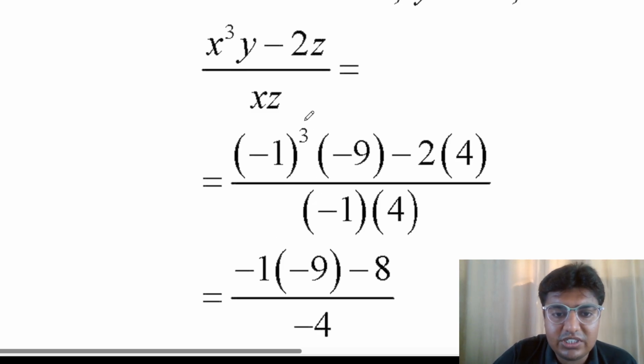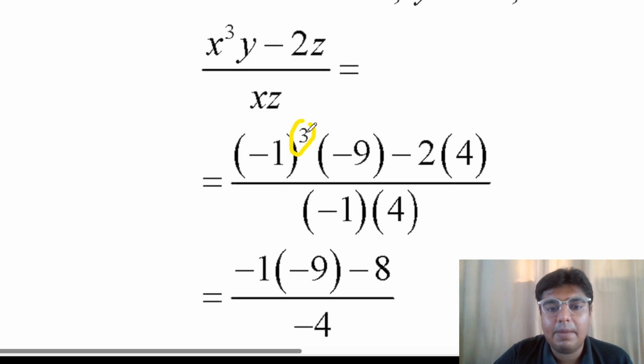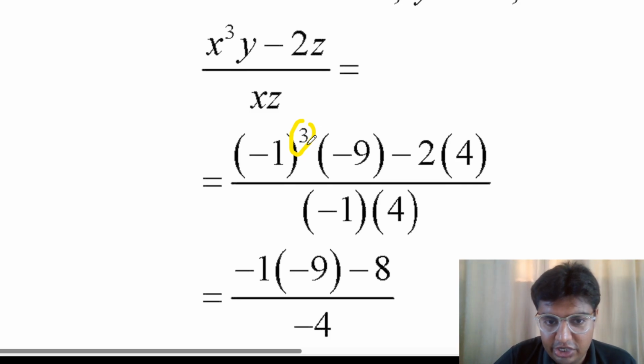Be careful about that. If the number is negative and the power is odd, I'm repeating it again, if the number is negative and the power is odd, the answer must be negative. Here you can see -1.